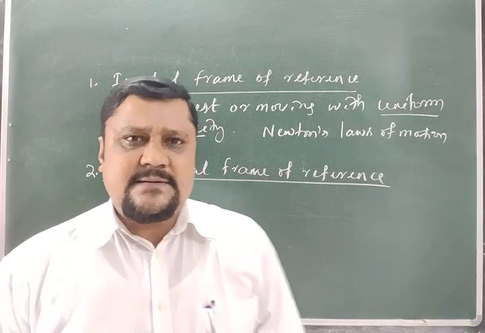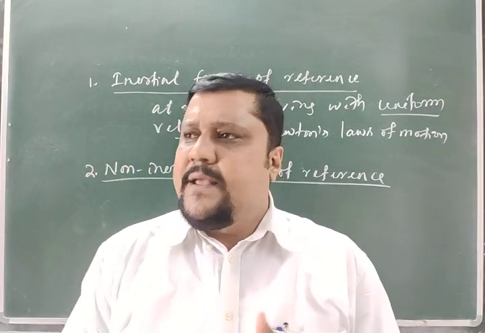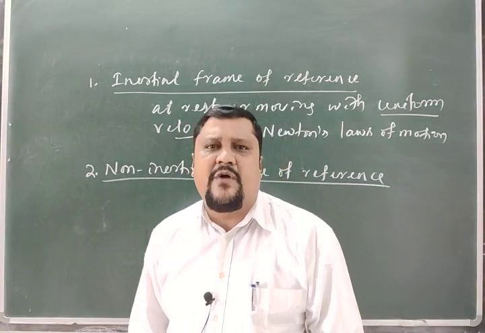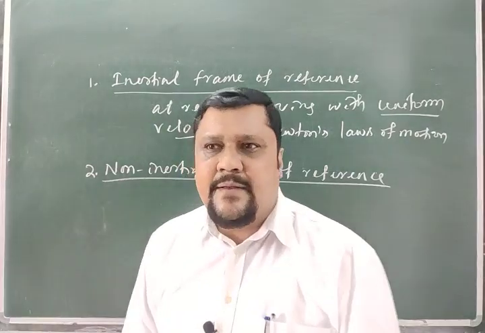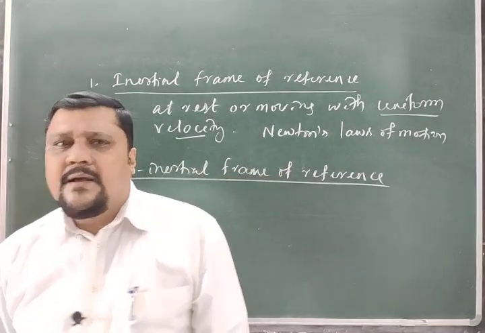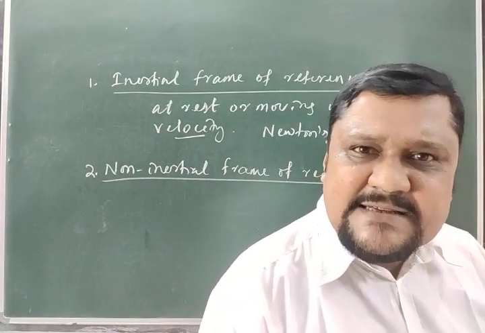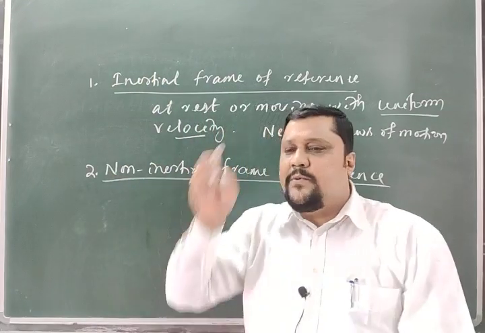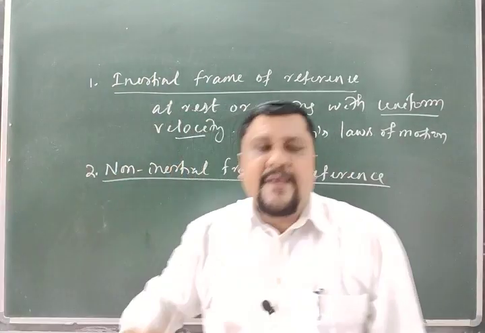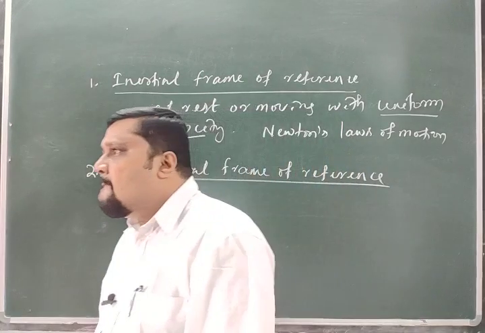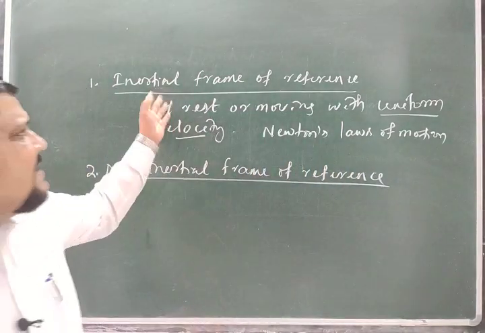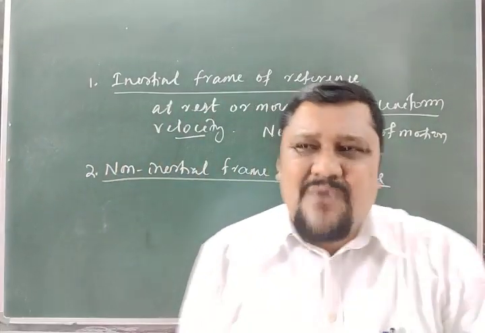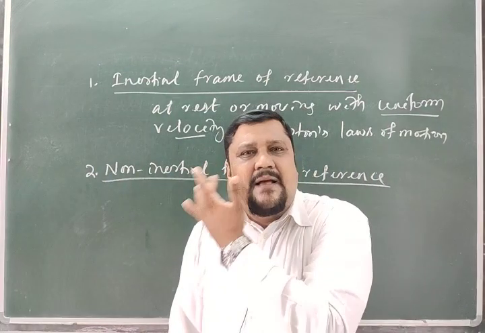Truly speaking, we are not at rest. If we are in motion, generally our motion is non-uniform. We cannot maintain this uniformity. We are not in uniform motion or at absolute rest, because with an observer outside, we are on the surface of the earth and the earth is revolving, so we are also moving with the earth. So my observation is not exactly an inertial frame of reference, but practically you can consider that the measurements we are doing are in an inertial frame of reference.